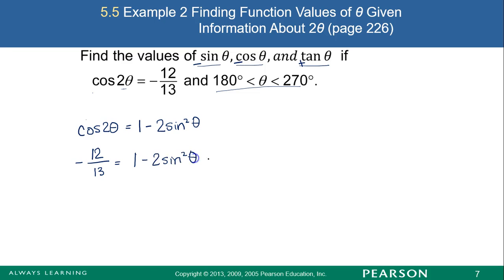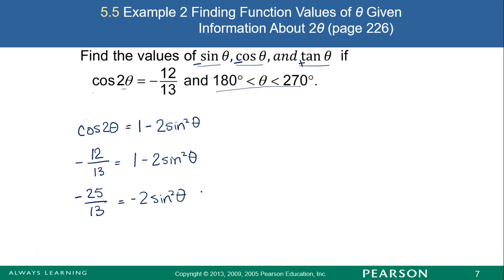Now, the only thing I have in here that I can solve for is sine. Solve for sine, and you have sine of theta. Okay, so subtracting both sides by 1, I get negative 25 over 13 is equal to negative 2 sine squared of theta.